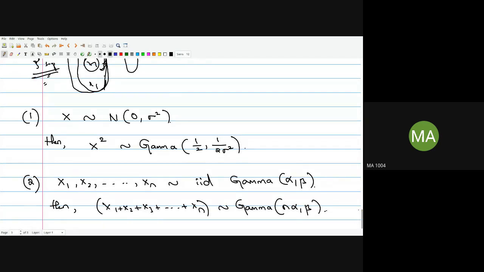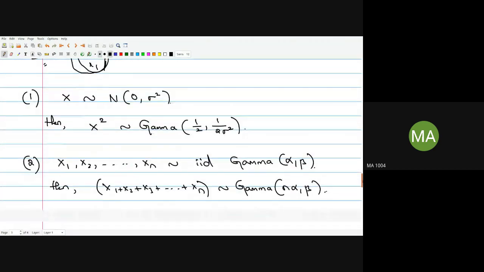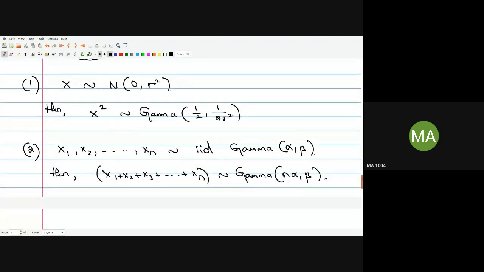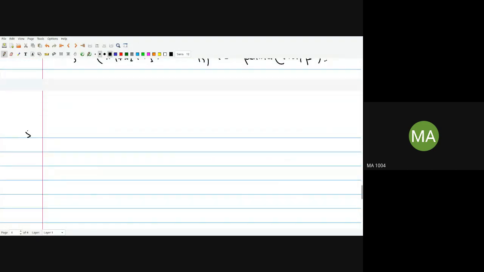If I want to combine these two, you just combine them and try. So the third part is the combination of 1 and 2.